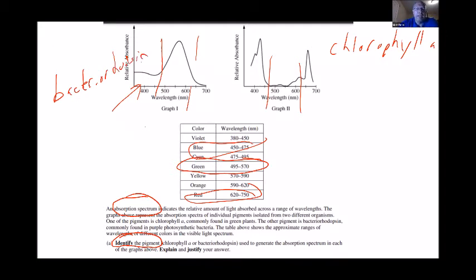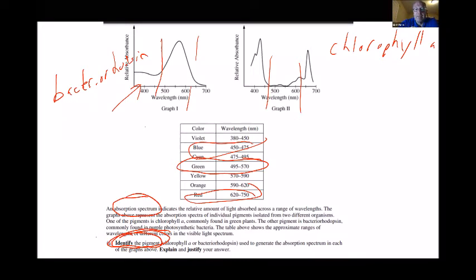So again, identify the pigment. So you should say graph 1 represents bacteriorhodopsin. Graph 2 represents chlorophyll A. That answers just the first part of that question. Identify the pigment. Now explain and justify your answer. Well, let's go to bacteriorhodopsin.